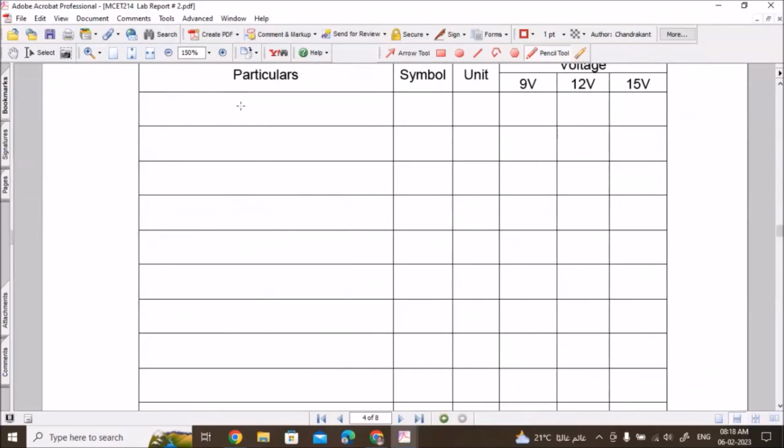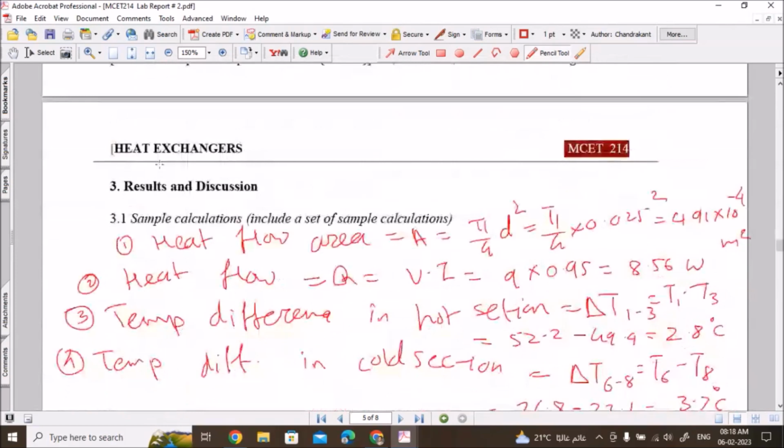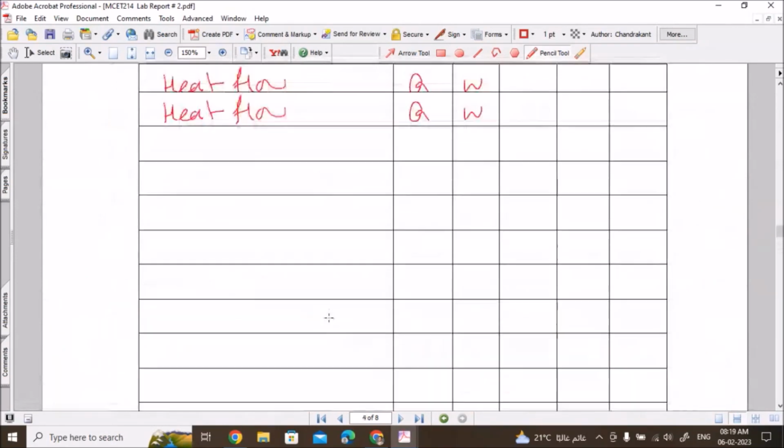The area is not going to change, so I will not write the area. So here the heat flow symbol Q, unit watt, write your answer for 9 volt and 12 volt. Then next, the temperature difference in hot section and cold section.